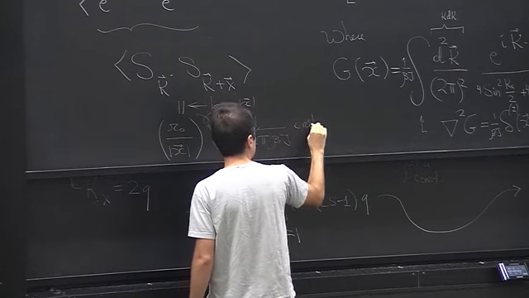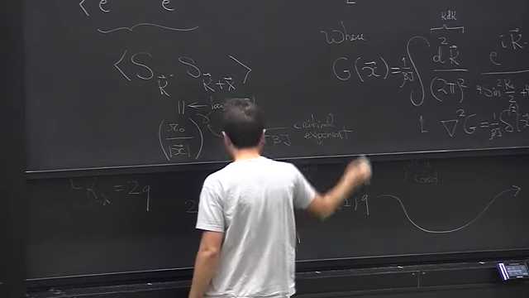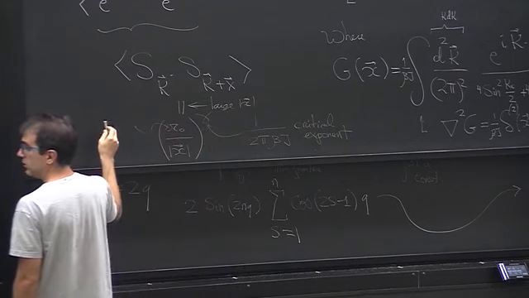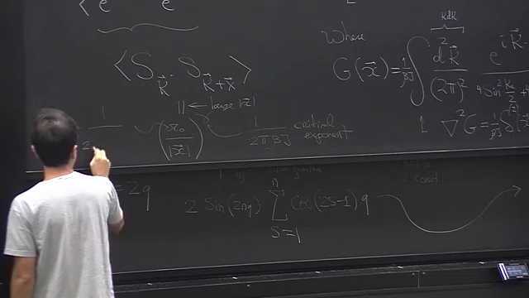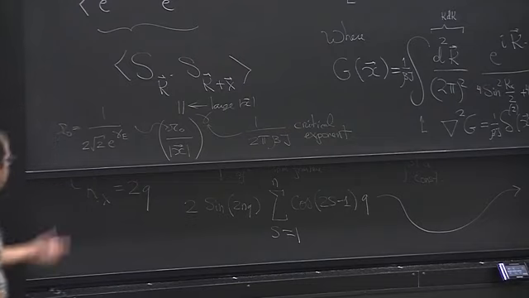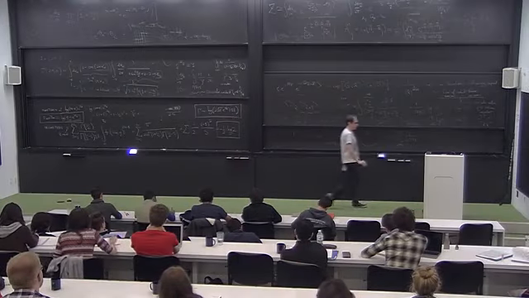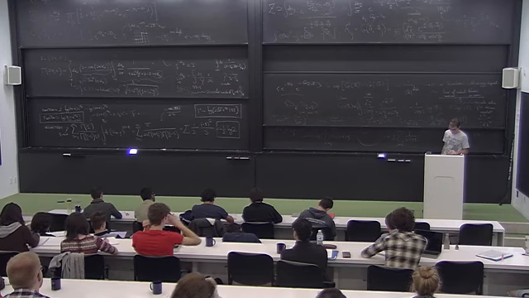It's a critical exponent. And this R0 is just 1 over 2 square root of 2 e to the Euler gamma. It gives you an idea of this length scale. And that's a better approximation.